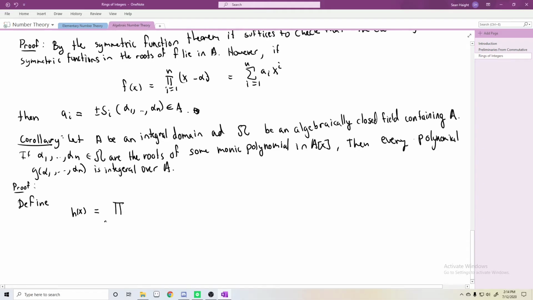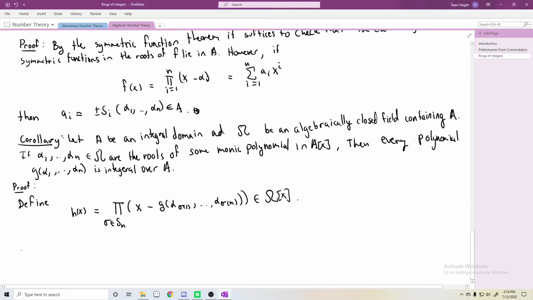It's going to be a product over the elements sigma of the symmetric group on n letters, x minus g of alpha sigma 1 through alpha sigma n. Okay, and this is going to live in omega adjoin x.